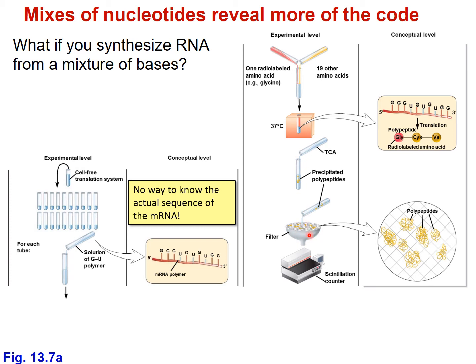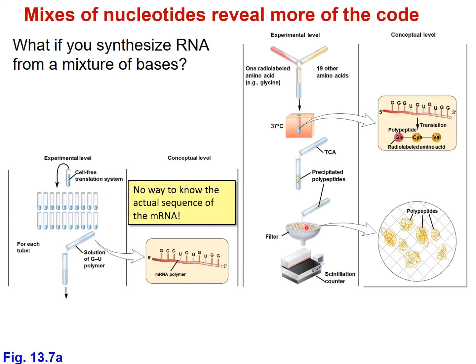The vacuum pulls all the liquid through. Polypeptides will get stuck on top of this filter paper, but the amino acids, whether they're radioactive or not, will get pulled through. So all you're going to see here is radioactive proteins.